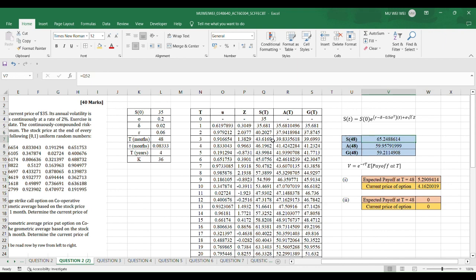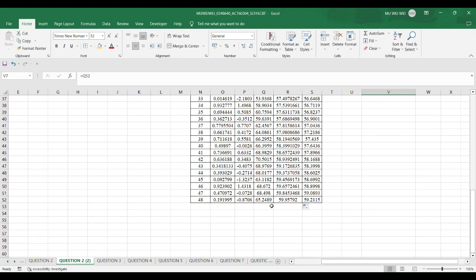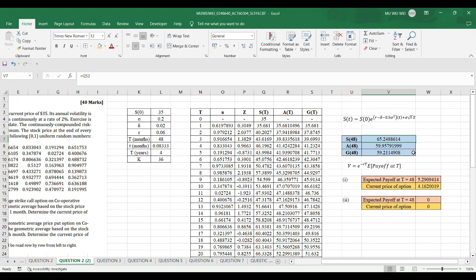So S48, we can take the value here, which is 65.2489, minus A48, which is 59.9579. The reason we're using the max function right here is because we only want it to return a positive value. If the difference is negative, it will simply return 0 instead. So the expected payoff at t equals 48 is 5.2909.